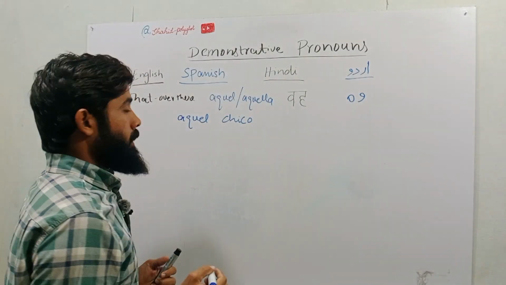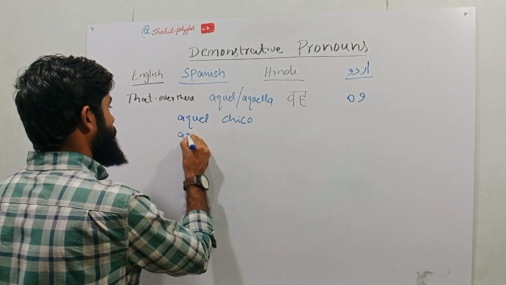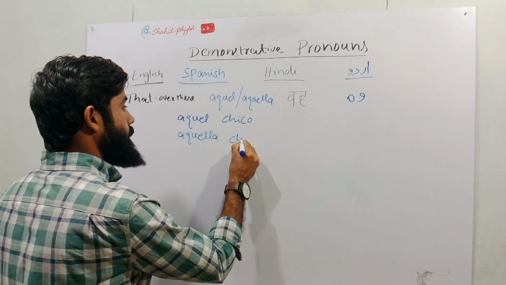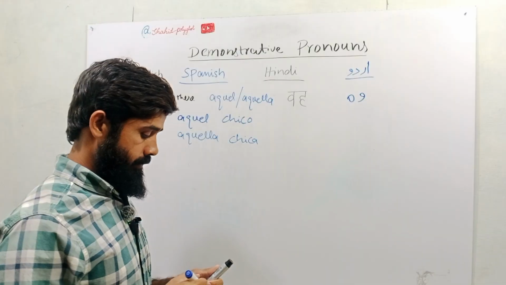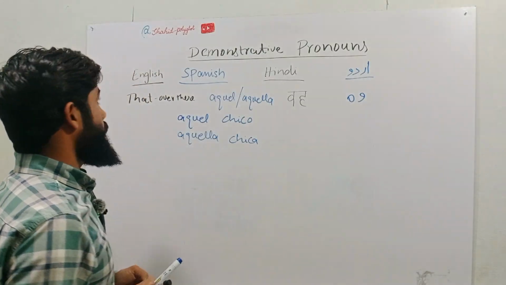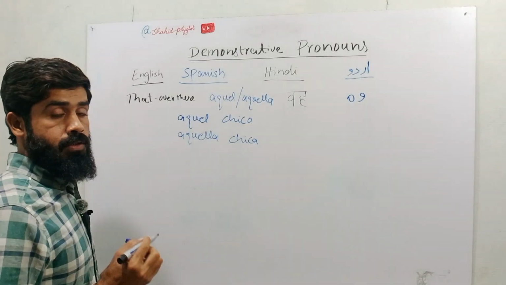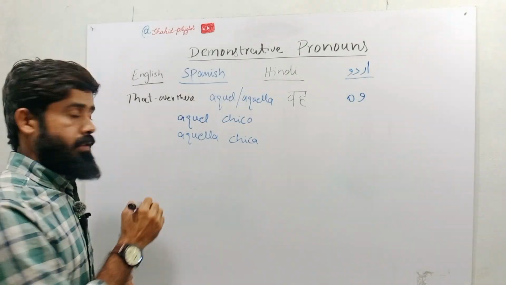If we say that girl over there, we say aquella chica. So now the next demonstrative pronoun is those over there, the plural form of that, those over there.